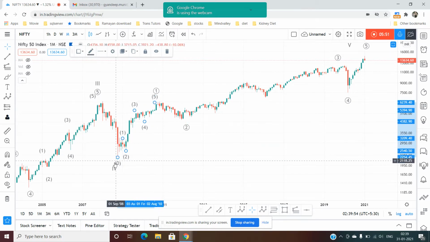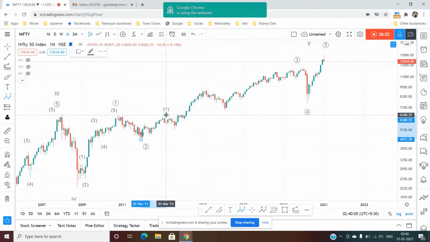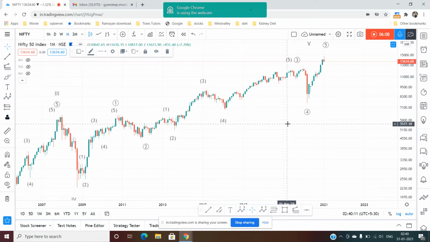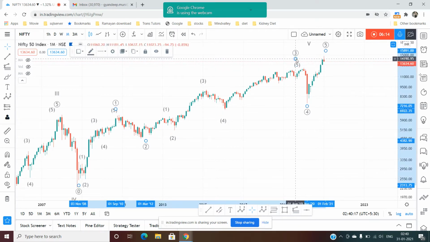So this is the 5 wave of this first wave. And how can we define this third wave? The third wave can be easily defined here, like 1, 2, 3, 4, and fifth wave. So the third wave is now completed.